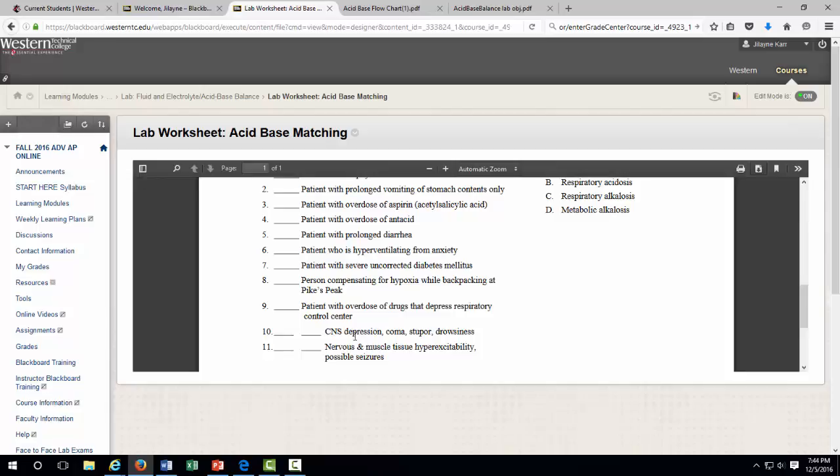That's probably not your immediate path. Maybe some of you will be there, but that's what you're thinking. That's when you tell their respiratory therapist, do we need a blood gas on this person? So A and B, right, for that. And then nervousness, hyperexcitability, possible seizures, that's a sign of alkalosis, so C and D.